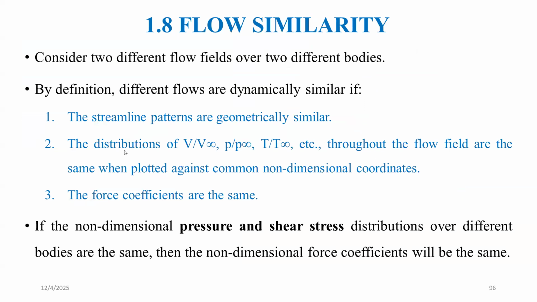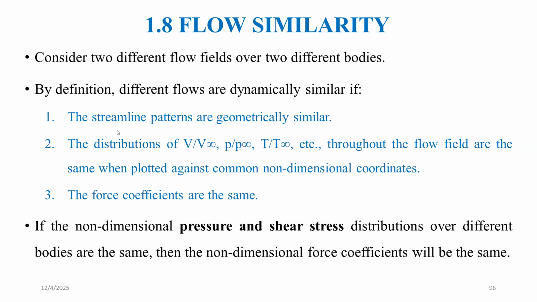Let's discuss more about flow similarity. That is an important part of our discussion. So consider two different flow fields over two different bodies. By definition, different flows are dynamically similar if the streamline patterns are geometrically similar.